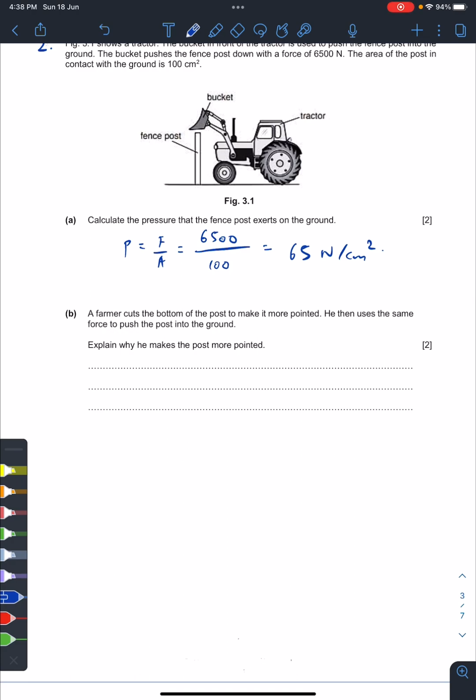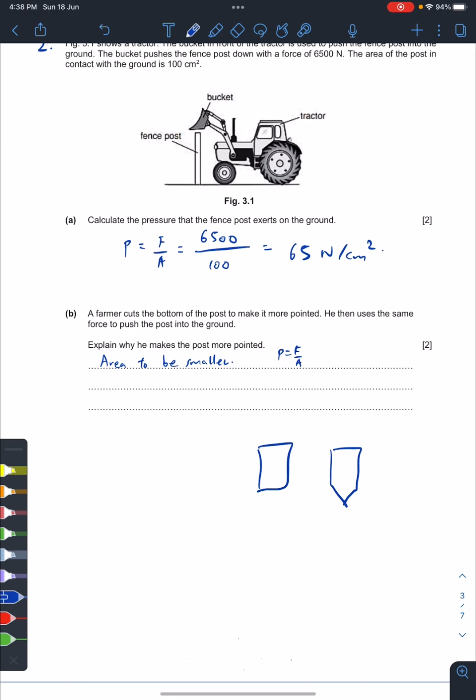Why would we want to make it more pointed? That means instead of this, it becomes this, more pointed. Because by doing so, you're causing the area to be smaller. Remember, P equals F over A?